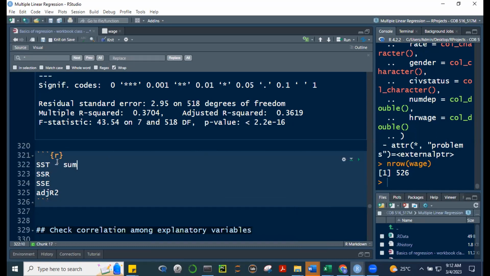So this is called the sum of the squares total.